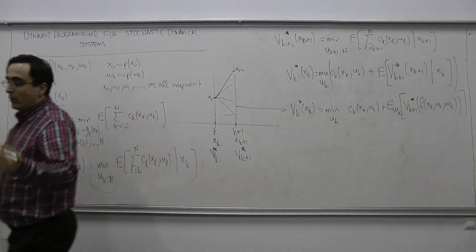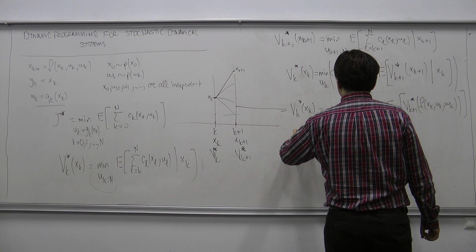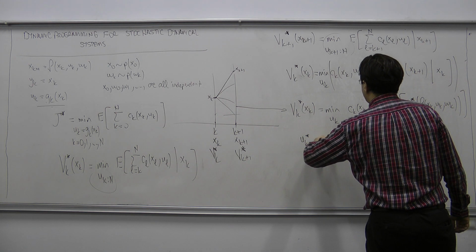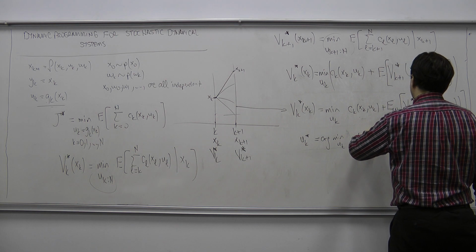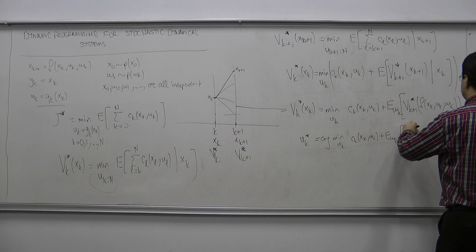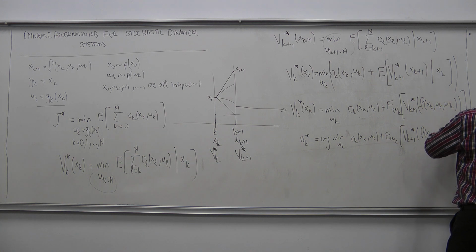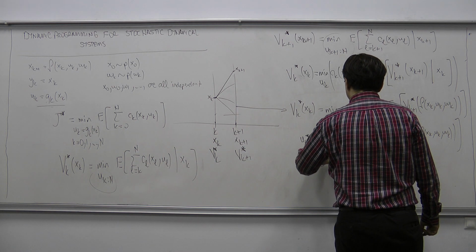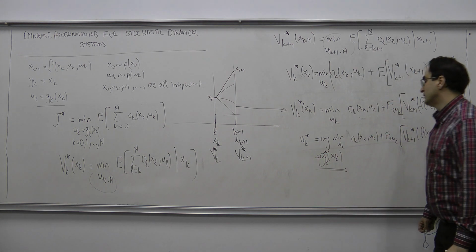And what is the optimal input? Then uk star is equal to the argument of this minimization: arg min over uk of ck of xk, uk plus, sorry, I need to repeat this, the expectation of vk plus 1 star of f of xk, uk, wk, and that completes it. And this is usually going to be a function, gk star of xk.